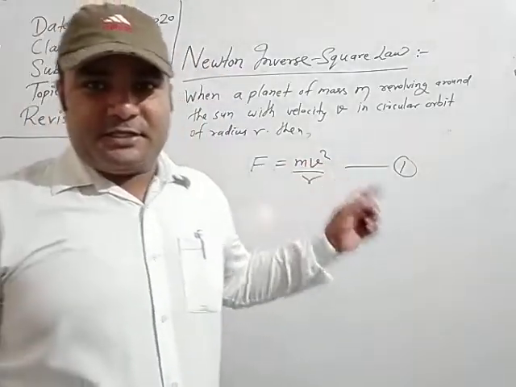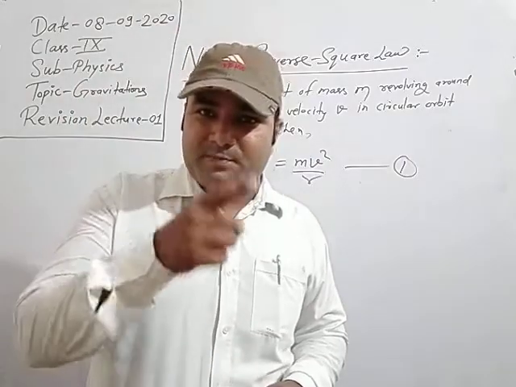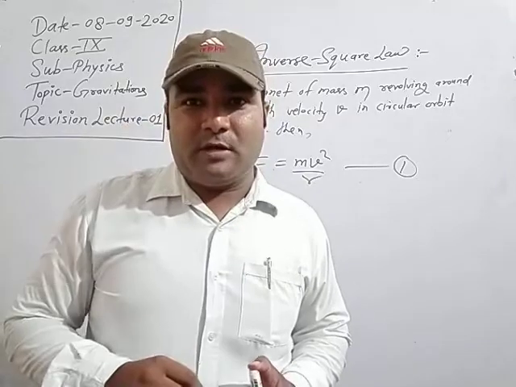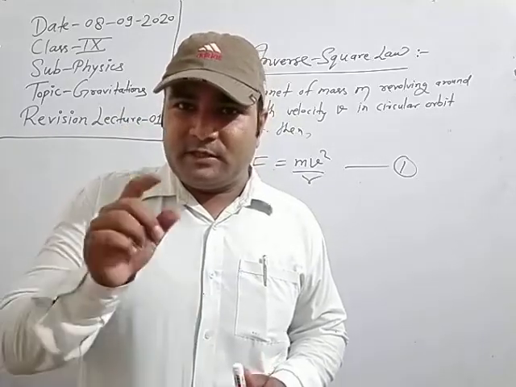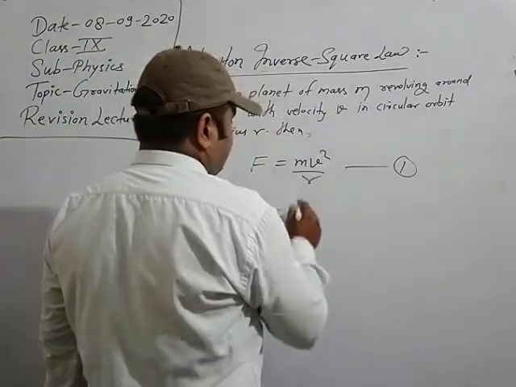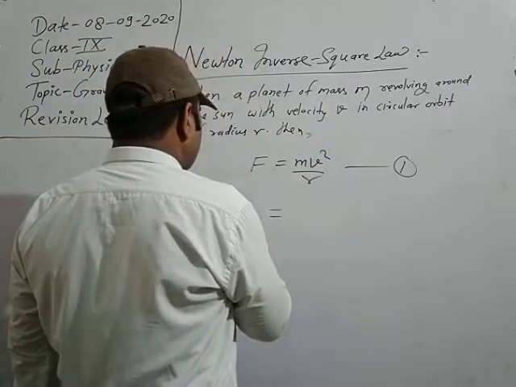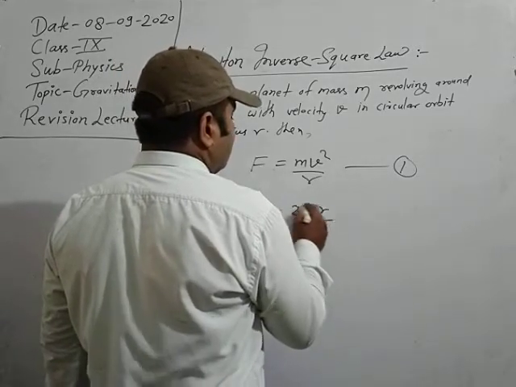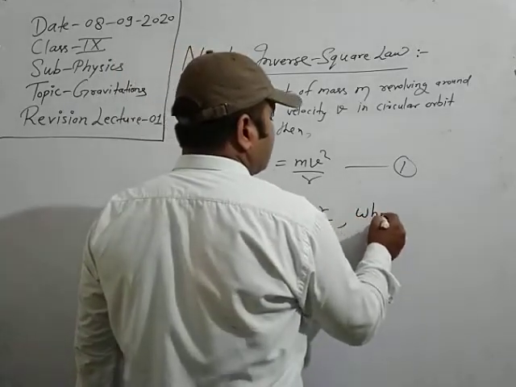And for the velocity in a circular orbit, suppose the planet takes time t to complete one revolution, then we know that v is equal to 2 pi r by t, where t is the time period.